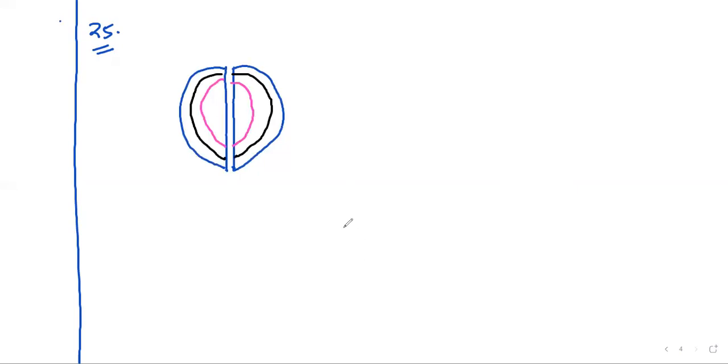Now, let us consider that an alternating electric field is applied. This is the radius of each D, and a proton is accelerating. That means this proton is accelerating in a circular path.